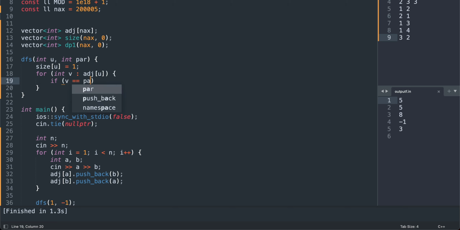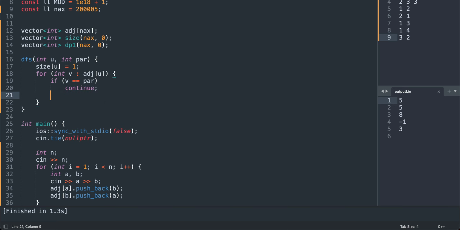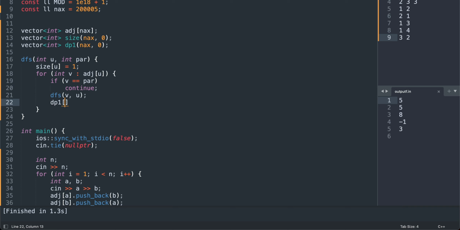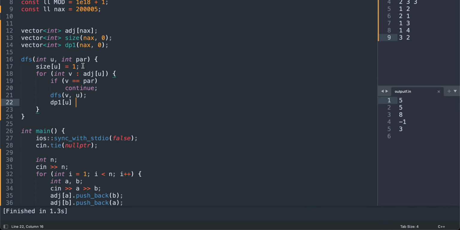If v is equal to parent, then continue, otherwise we can call DFS on v with u as the parent, and can say dp1 of u plus equals dp1 of v plus size of v, because size of v is already calculated, and dp1 is also calculated with this recursive call.